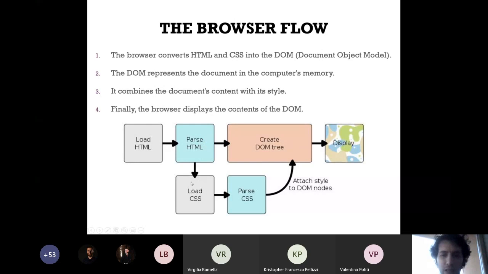Inside the head part of the file, it searches for the CSS and JavaScript and asks for those components to be downloaded, similarly to what happened for the HTML file. Leaving JavaScript aside for now, it loads the CSS file and starts parsing it.